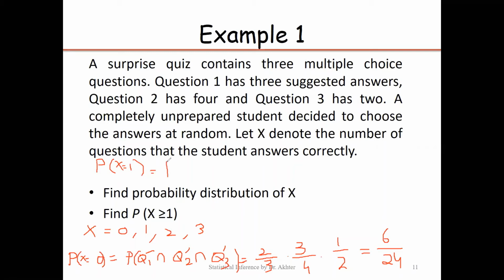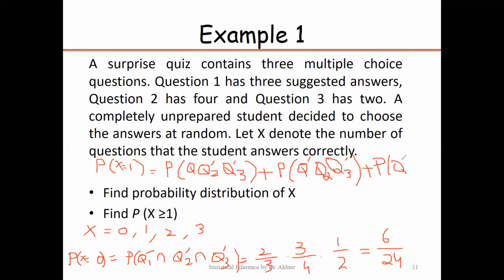Question number 1 correct, 2 incorrect, 3 incorrect, plus question number 1 incorrect, 2 correct, and question number 3 incorrect, plus question 1 incorrect, 2 incorrect, and 3 correct.